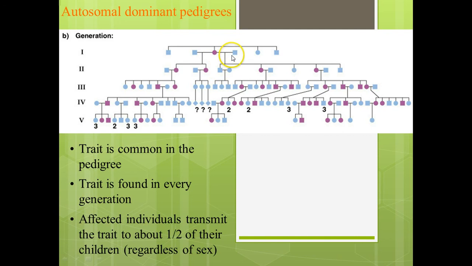So the children of these two parents, an affected female and a non-affected male, were boy, girl, girl, girl, boy. So they had 5 children, not more than that. That means their oldest child got married, their second child got married, their third child did not, their fourth child got married, and their fifth child did not. So just a little note on how to read these pedigrees when they start to get big.